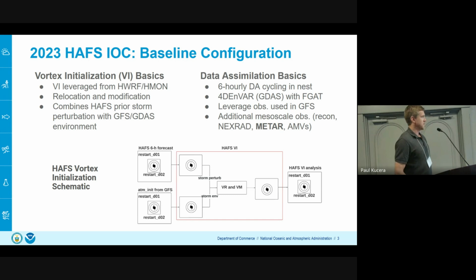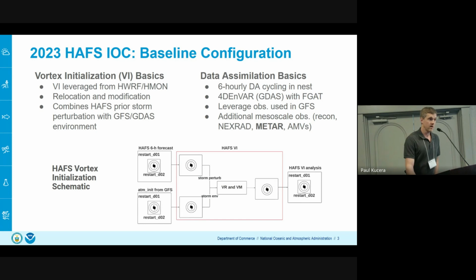On the right, in terms of the data assimilation basics, we have 6-hourly cycling. The IOC used 40 EnVar with GDAS covariance. That's different than HFIP, which used 2D EnVar, and sometimes it used GDAS, other times it used the HFIP cycle covariance. I'll talk about this a bit more coming up. We, like HFIP, leverage observations using GFS with some additional mesoscale observations, including reconnaissance, NEXRAD.